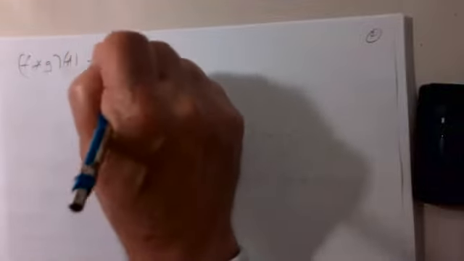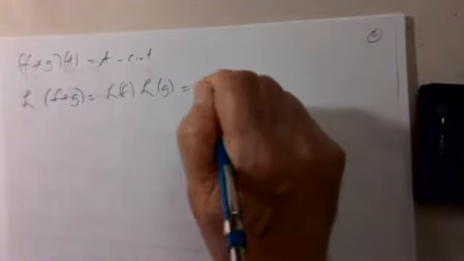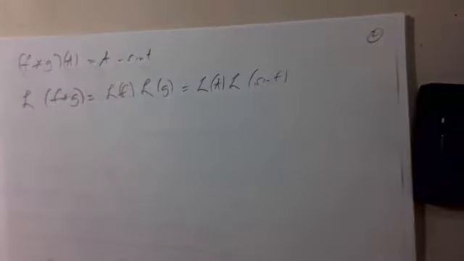So we have f star g of t is t minus sine t. And the Laplace transform of a convolution, you can do it directly, or the Laplace transform of a convolution is the product of the Laplace transforms. Laplace transform of t times the Laplace transform of sine of t.